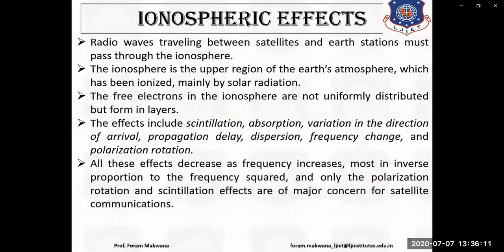The random distribution of free electrons in the ionosphere causes the absorption of radio waves, right? This effect includes scintillation, absorption, variation in direction of arrival, propagation delay, dispersion, frequency change, and polarization rotation.